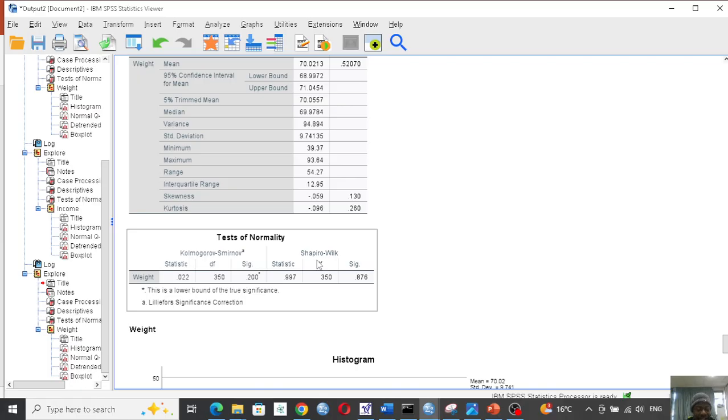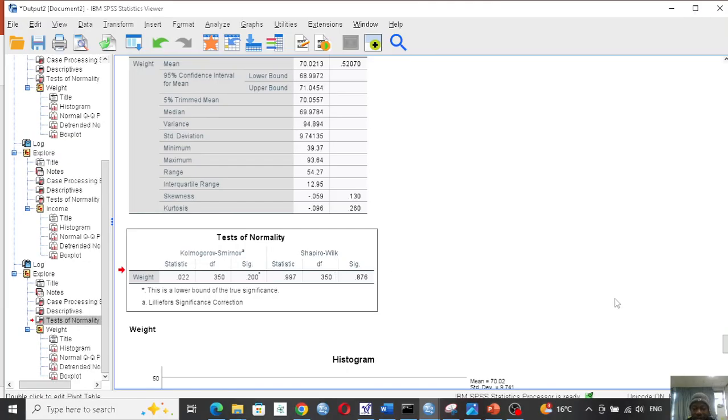That means that this particular data set is normally distributed. So we said when the p-value is greater than 0.05, it means the data is normally distributed. Otherwise, it is not. And 0.200 is greater than 0.05. That means that our weight data is normally distributed.